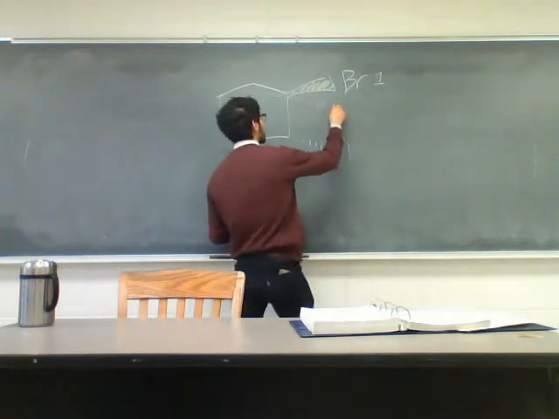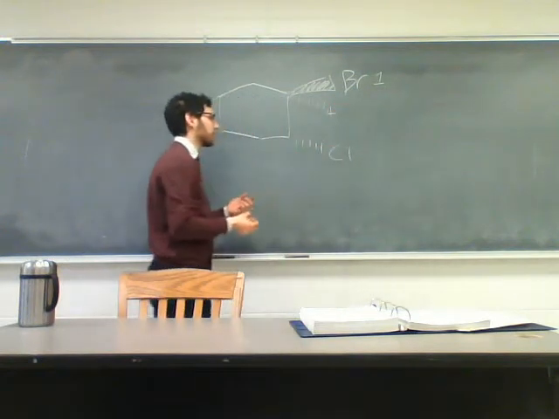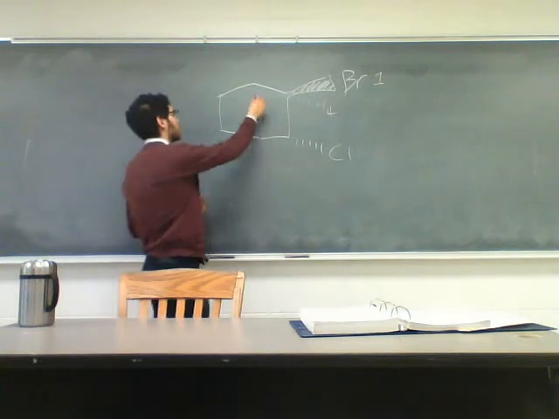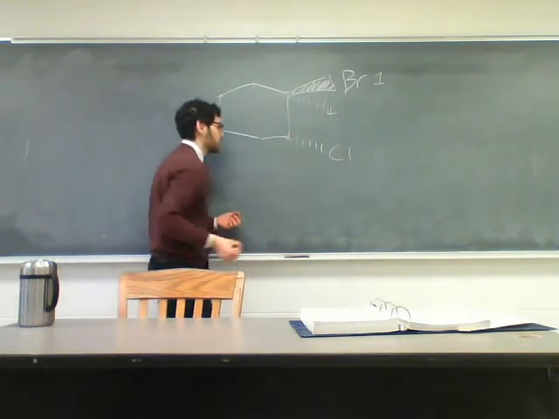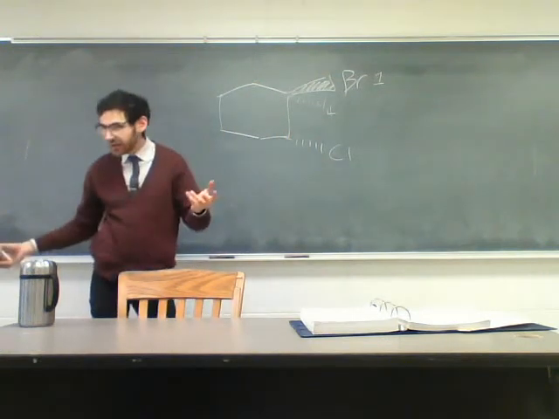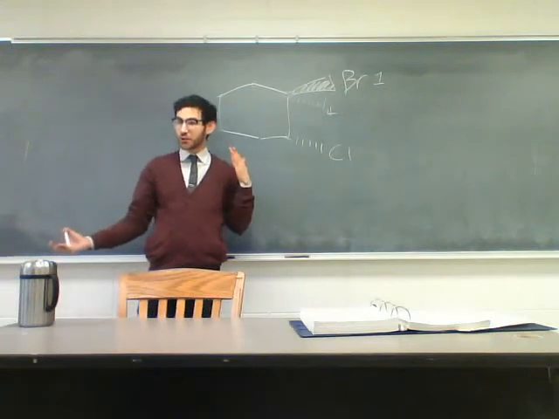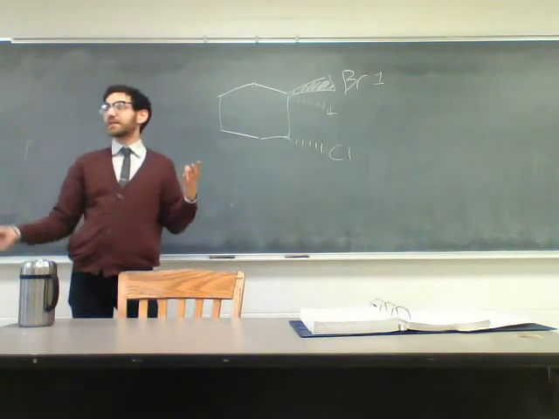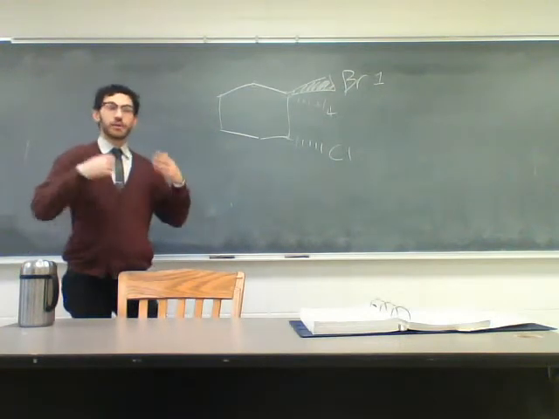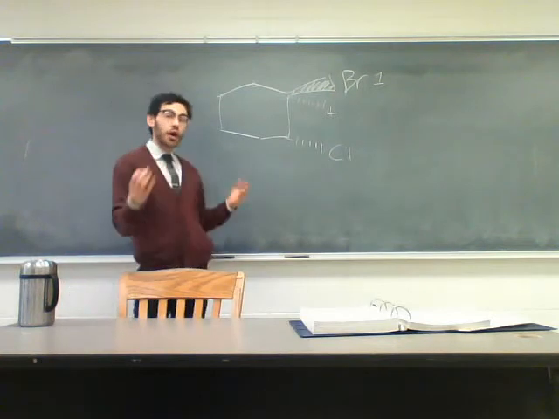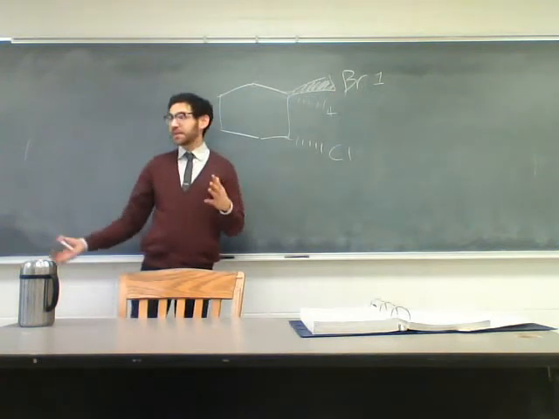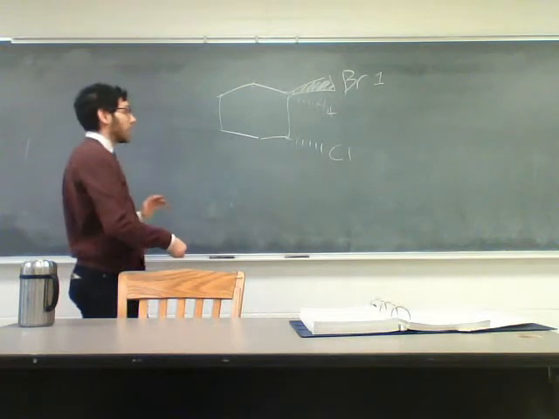Hydrogen is the smallest, so it gets least priority. Then we have 2 carbons attached to it, and those are tied. So we look at the substituents on each one of those carbons to see which one wins the tie. The carbon that has heavier substituents on it wins.